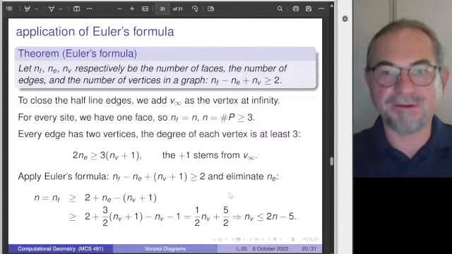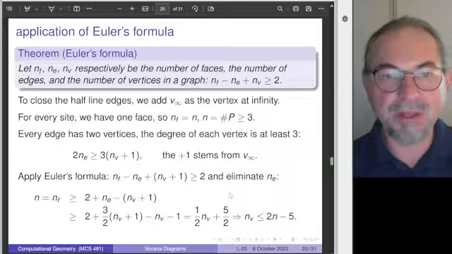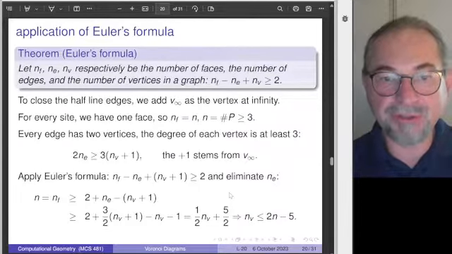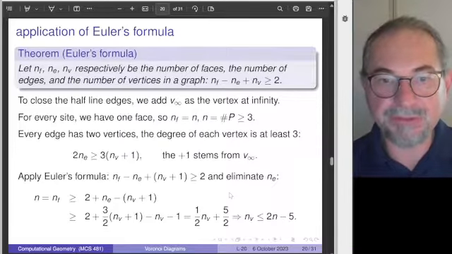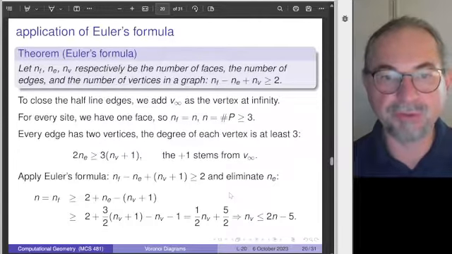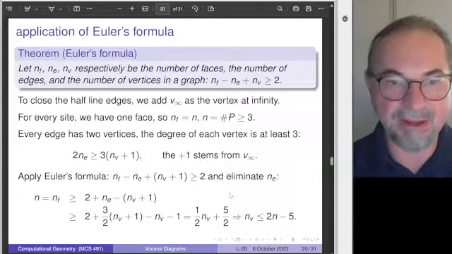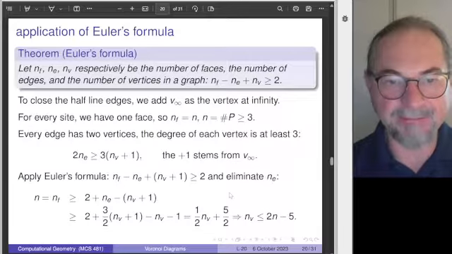So all the half lines, they connect to there. So that's the topology. Okay, so we have n, the number of edges, the number of vertices. So we apply Euler's formula, and we eliminate the number of edges. Also, we write again n of f is actually n.